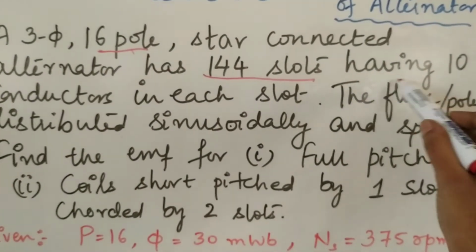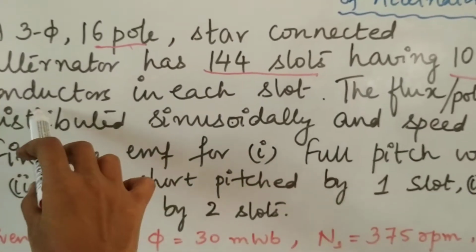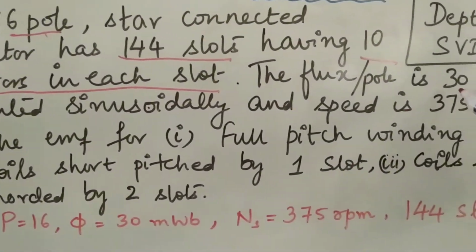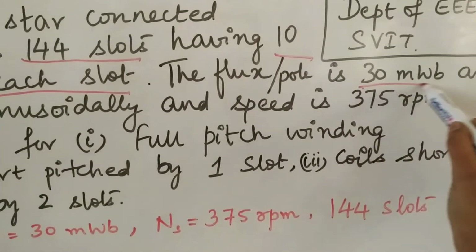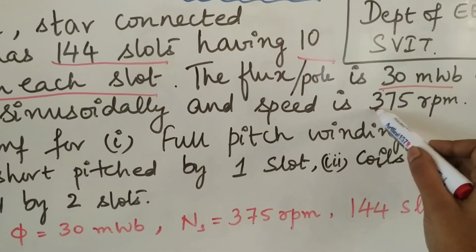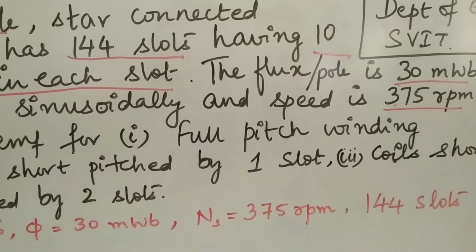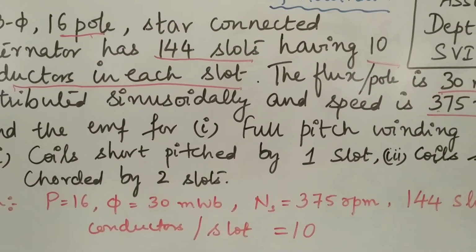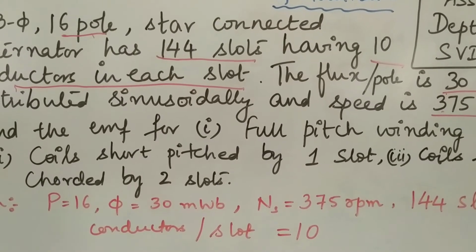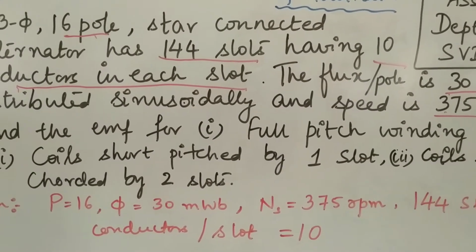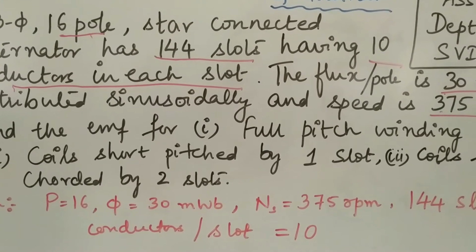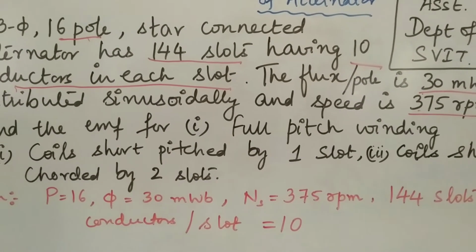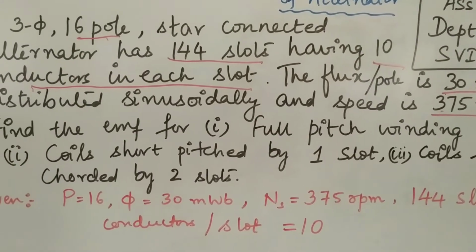The flux per pole is 30 milliweber and the speed is 375 rpm. We need to find the EMF. So the given data is: P = 16, flux = 30 milliweber, Ns = 375 rpm, and 144 slots with conductors per slot equal to 10.